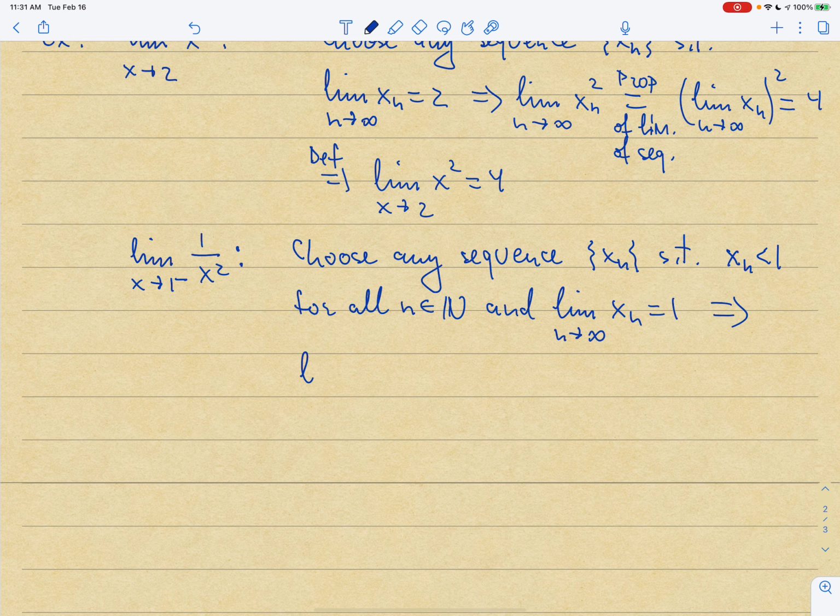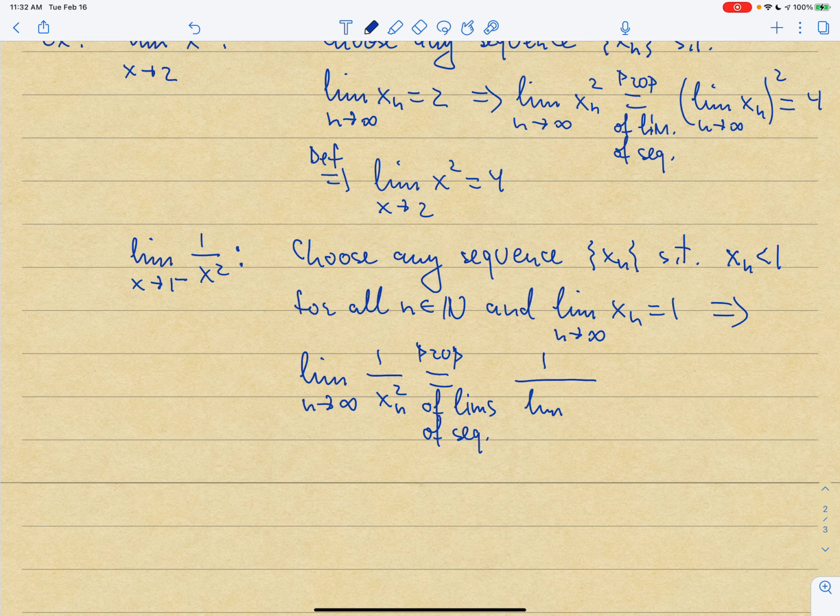And then I need to take the limit as n goes to infinity of f of xn. So in this case, it's 1 over xn squared. And again, properties of limits of sequences tell me that this should be 1 over the limit as n goes to infinity of xn squared, right?